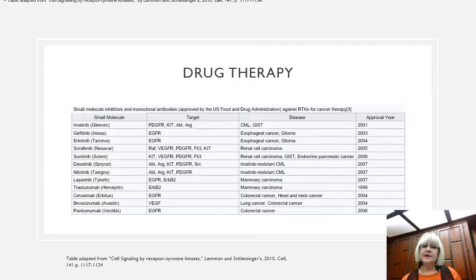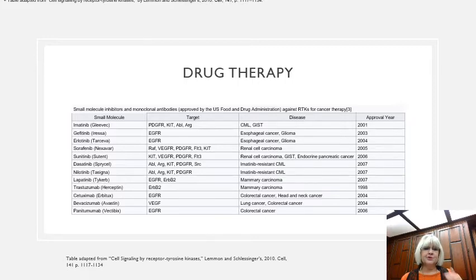So drugs have been developed to target the extracellular domain or the catalytic domain, and therefore they inhibit the ligand binding and receptor oligomerization. Herceptin is a monoclonal antibody that is capable of binding to the extracellular domain of RTKs, and it's been used to treat HER2 overexpression in breast cancer.